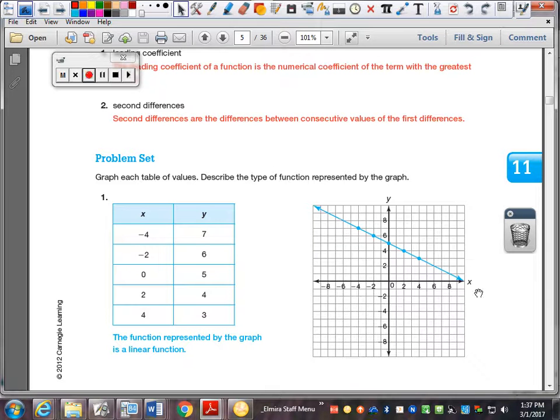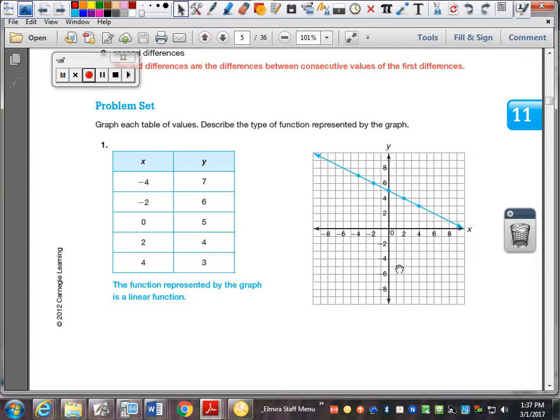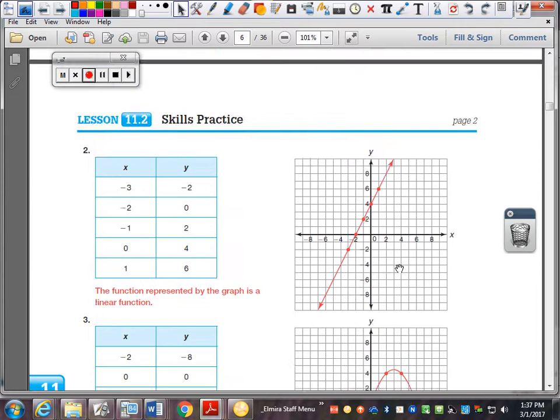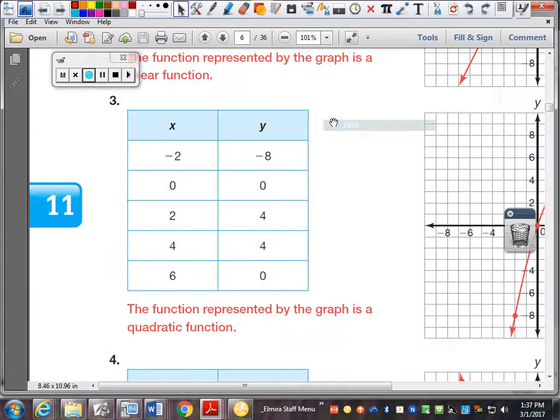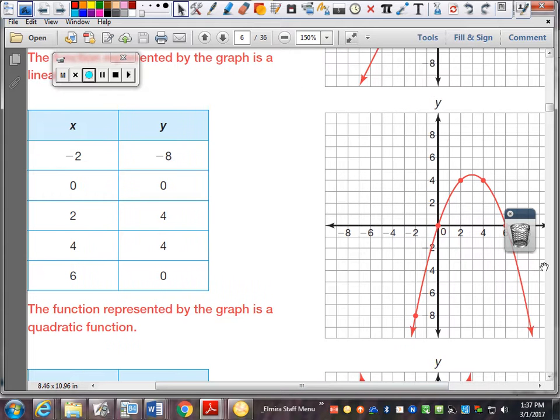Did it graph in a straight line or did it graph in a parabola? That one graphed in a straight line, so that's linear. Number 2 also graphed in a straight line. Number 3 graphed as a parabola. So clearly that's quadratic. Okay, so that's that part of the assignment.